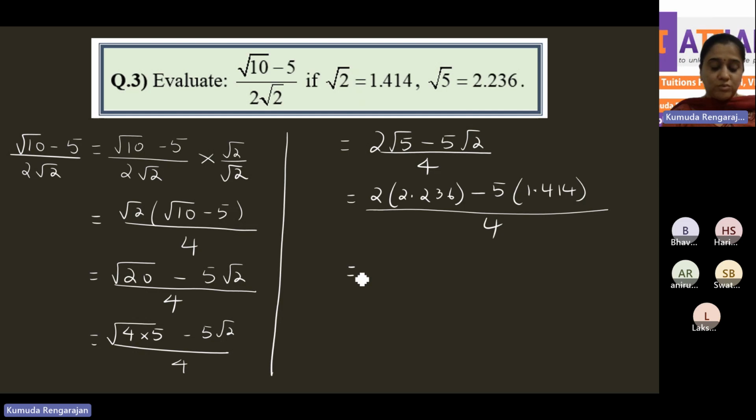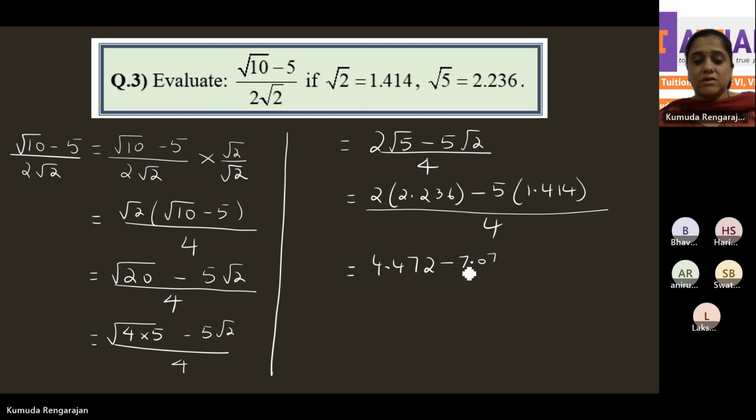2.236 into 2, 4.472, minus 5 into 1.414, 7.07, divided by 4.